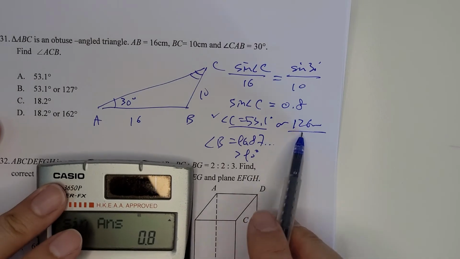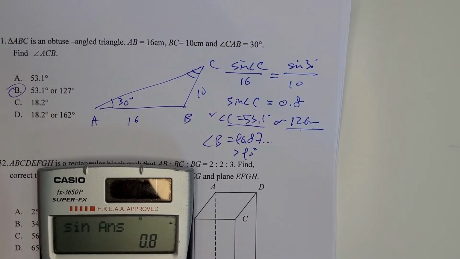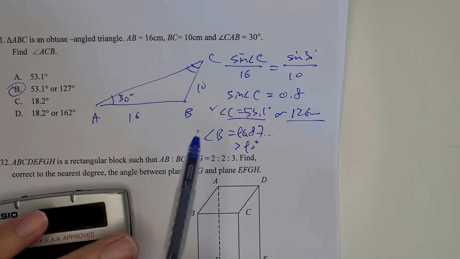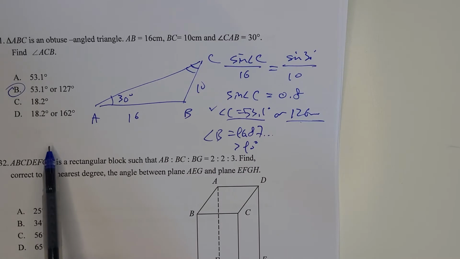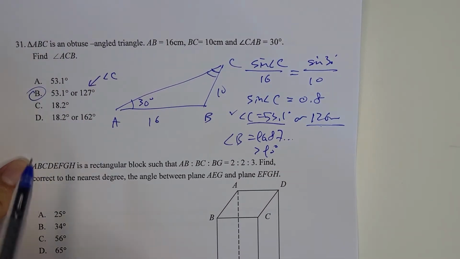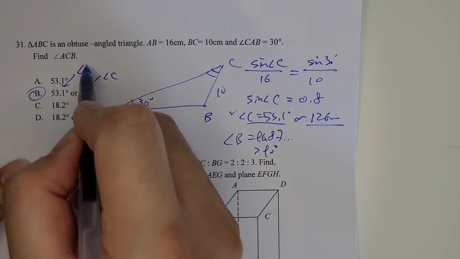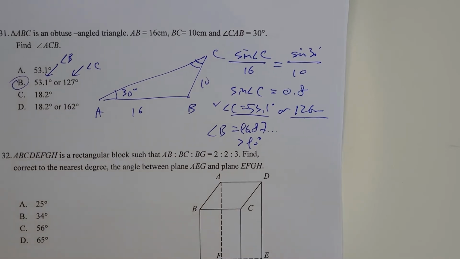That means both cases are possible. The answer is B. Okay? The triangle is an obtuse angle triangle. It doesn't mean that angle C is the obtuse angle. Okay? In this case, angle C is the obtuse angle. In this first case, angle B is the obtuse angle. Okay? Both cases should be included.